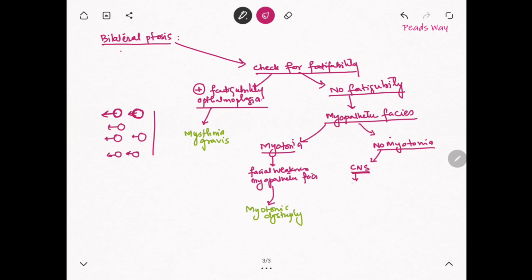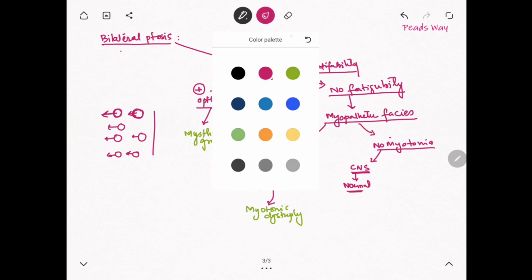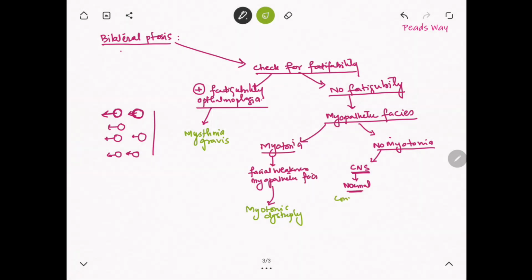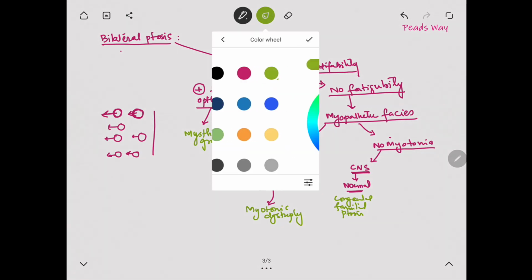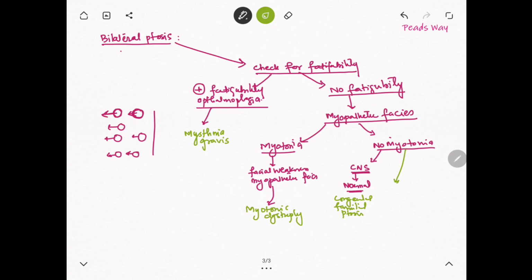If it's normal, it is congenital familial ptosis.